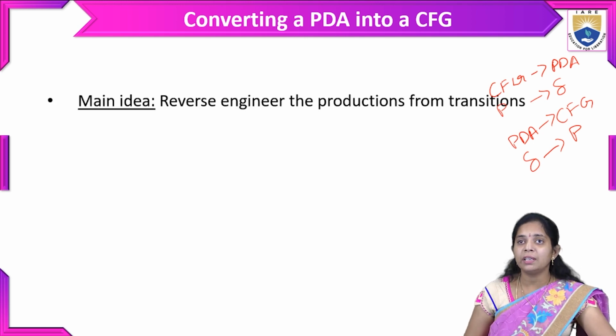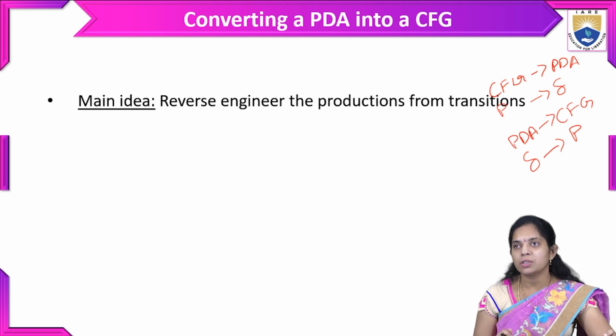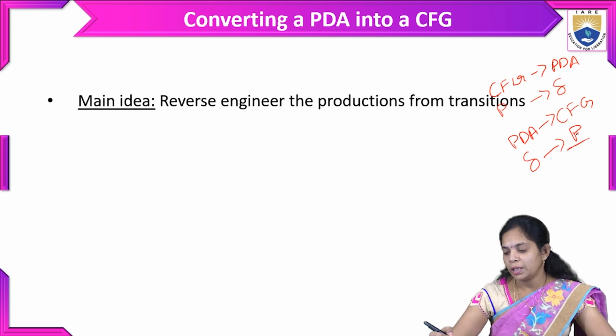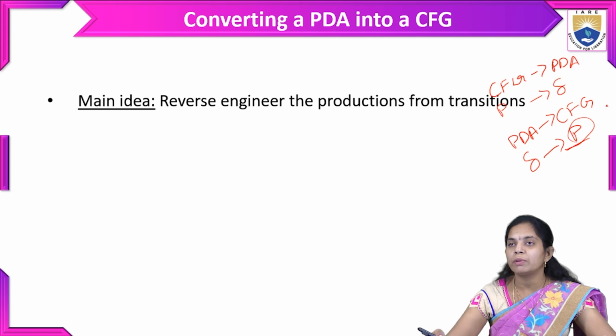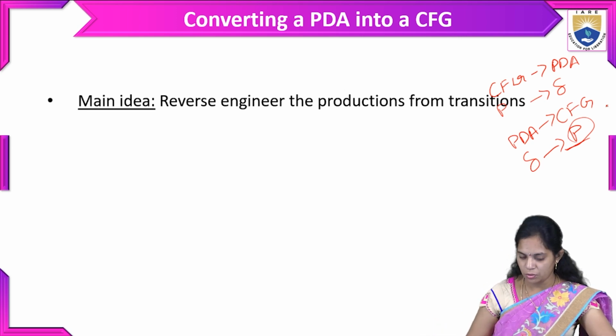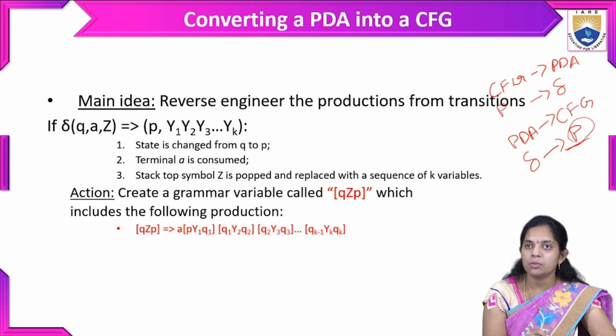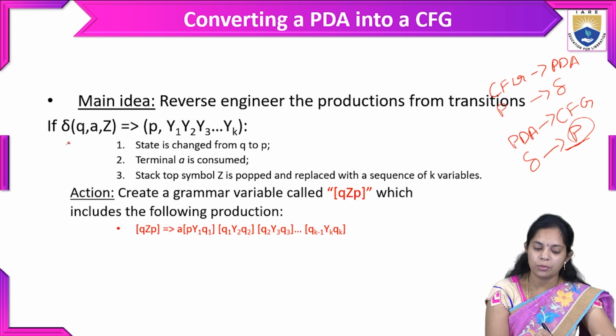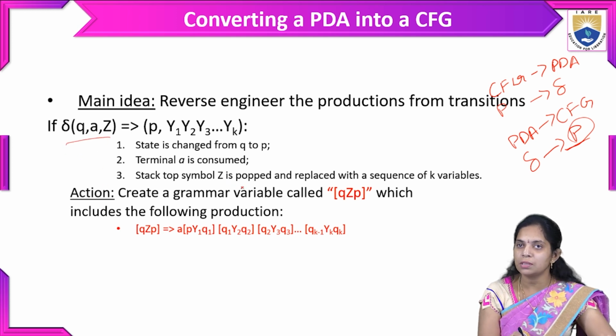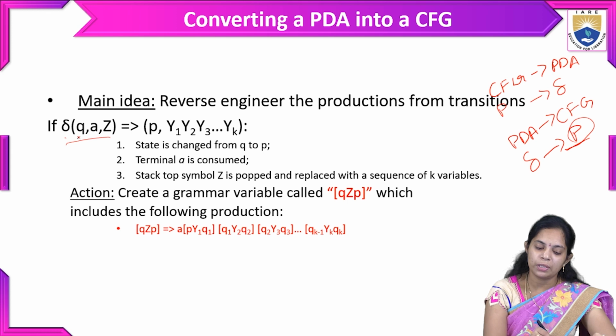So here the main idea is reverse engineering the productions from transitions. We have to derive a production rule from the given transition function. So how to derive the production rules? The transition function has the three-tuple notation.